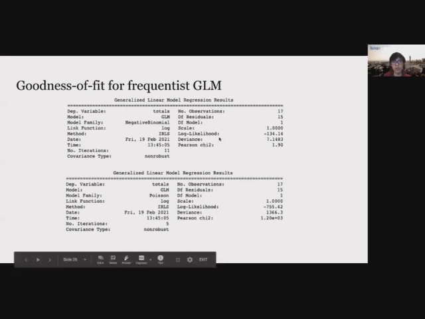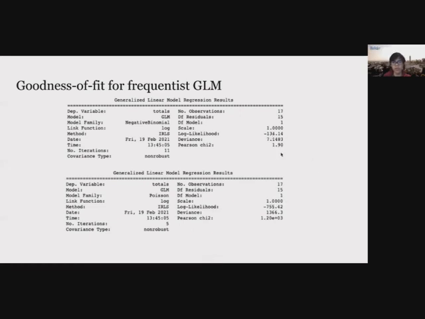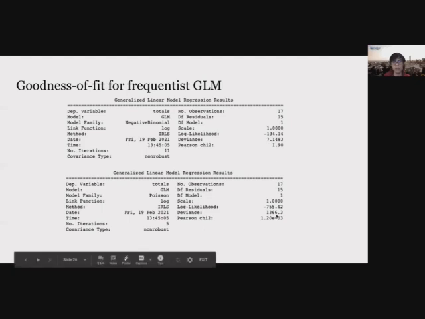As you can see, the log likelihood for the negative binomial model is less negative, so it's larger than the likelihood for the Poisson model, which implies that the negative binomial model is a better fit, as we already knew from looking at the demo from the last lecture. Conversely, the deviance and the Pearson chi-squared are a lot smaller, in fact, by several orders of magnitude. All in all, these three statistics tell us that the negative binomial model is a better fit.